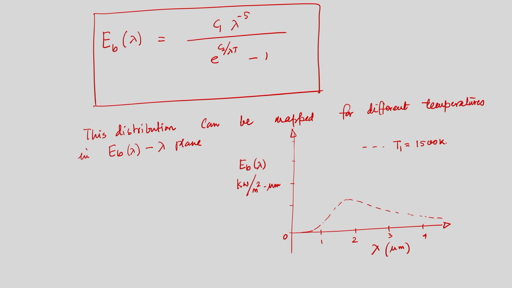If we use another temperature and try to find the distribution of E_bλ in this plane, then we will get a profile like this.